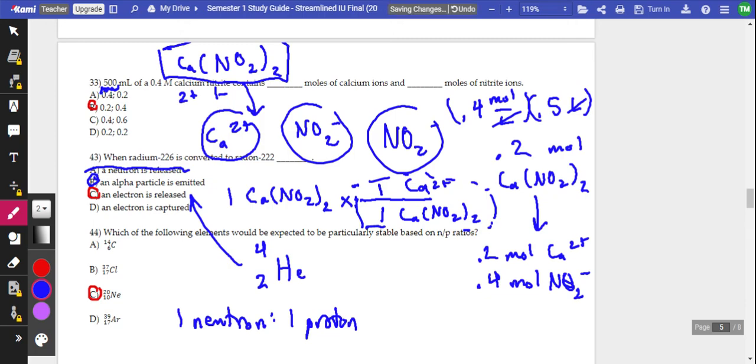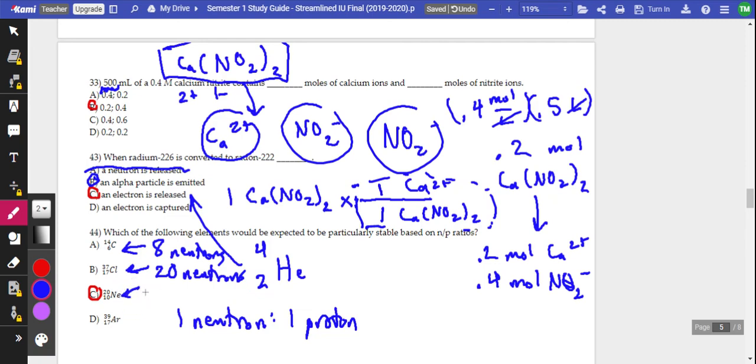So which has the closest ratio to that? Well, this carbon has 8 neutrons. If you subtract the atomic number from the mass number, what's left is the number of neutrons. 8 neutrons versus the 6 protons. 6 to 8 isn't bad, I guess. See, this is 17 versus 20 neutrons.